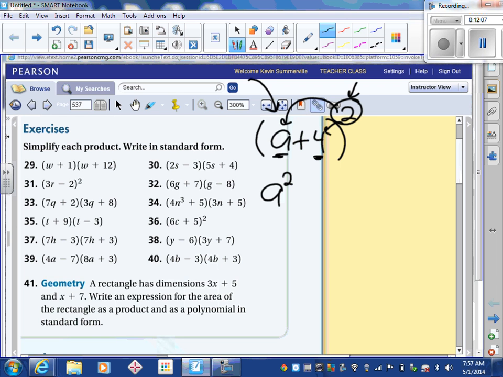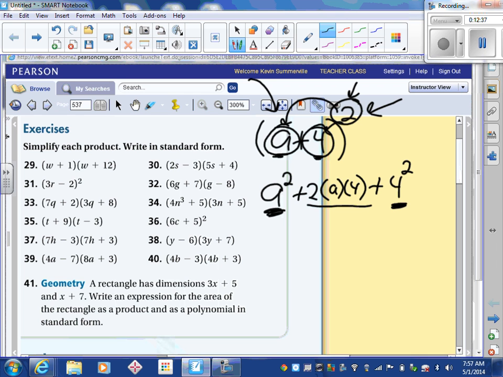So actually, you have 2 with the A and the 4. And then at the end, I have to take the 4 squared. So again, just like the other one, we square the A, the first, and we square the last. The middle, we multiply everything inside the parentheses along with the power.